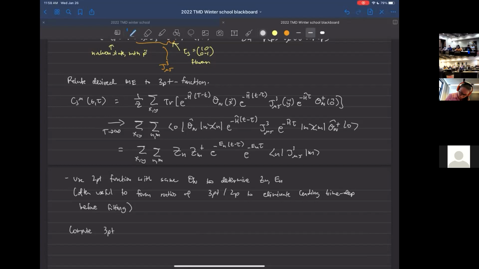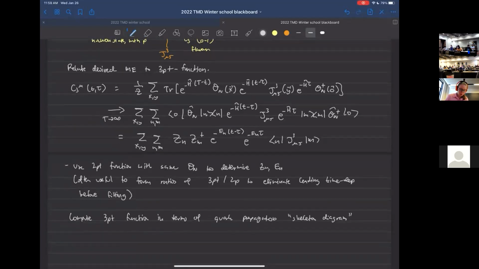So compute the three-point function in terms of quark propagators. And you draw them typically using something like a skeleton diagram.